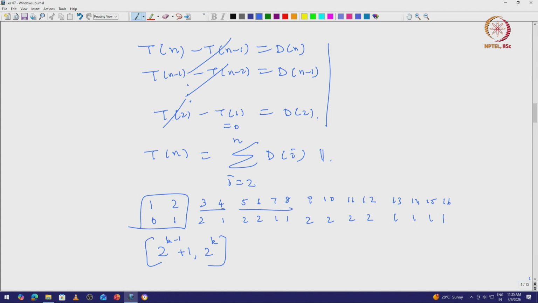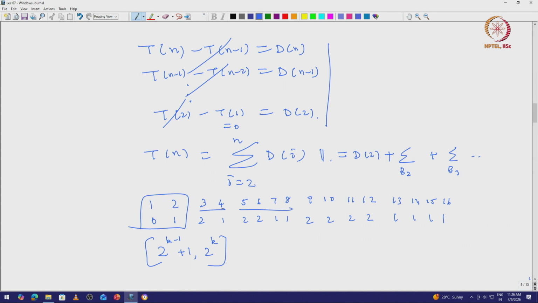So this sum I write like this: this is equal to d2 plus sigma over block 2, sigma over block 3. B2 is 2 power 1 plus 1, so 3 to 4.